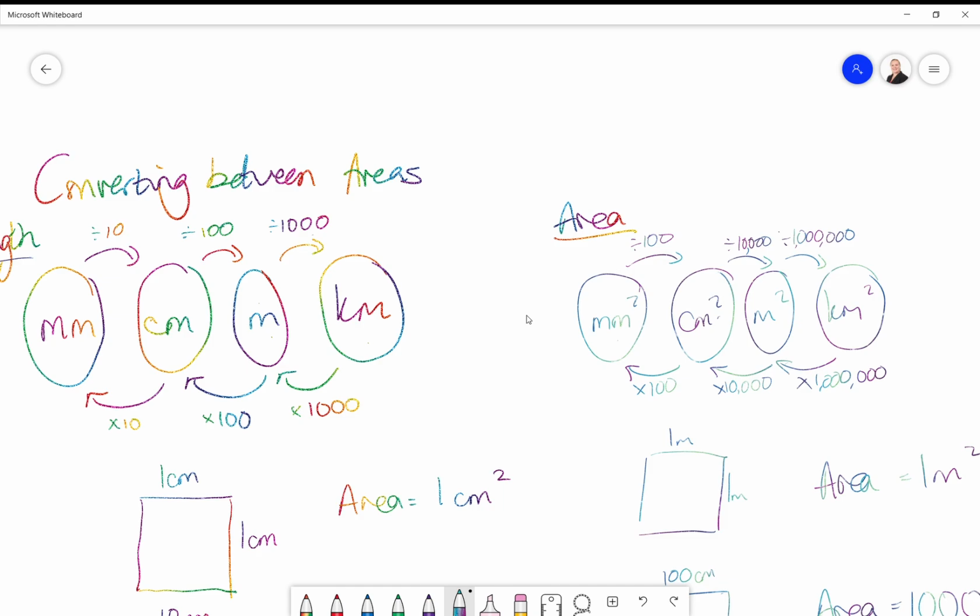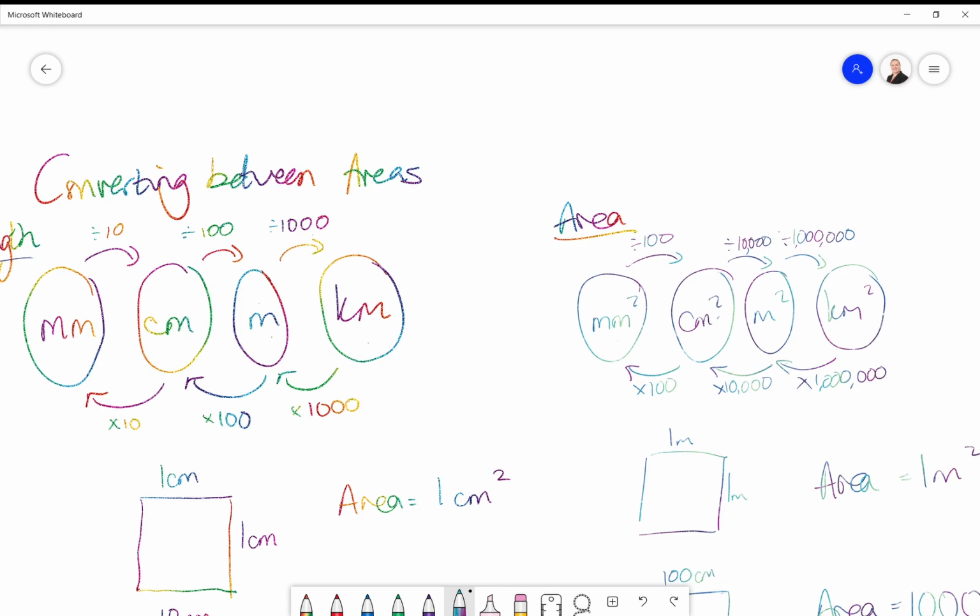Remembering if I want to turn from millimetres squared to metres squared, I divide by 100, then I divide by 10,000. Or if I'm going the other way, metres squared into millimetres squared, I times by 10,000 and then I times by 100, which you'll find will be in the million. Wouldn't you know?